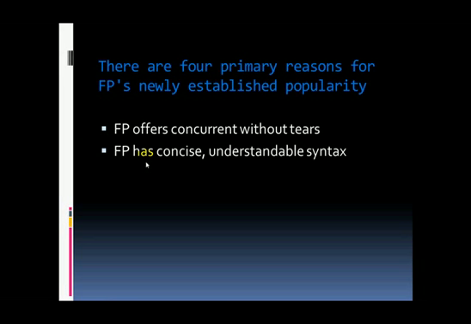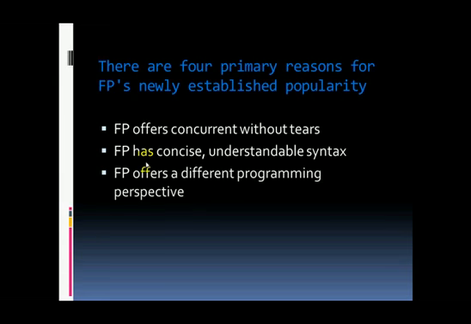Functional programming offers concurrency without tears. Functional programming has concise, understandable syntax. The abstract nature of functional programming leads to considerably simpler programs. It also supports a number of powerful new ways to structure and reason about programs.